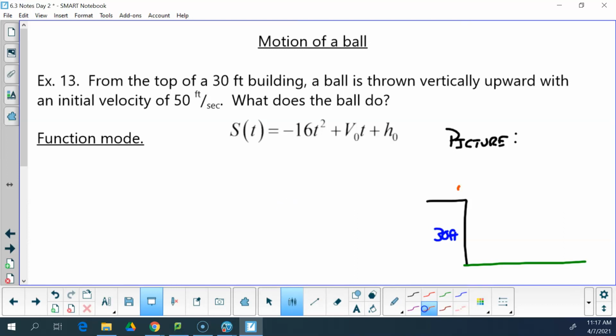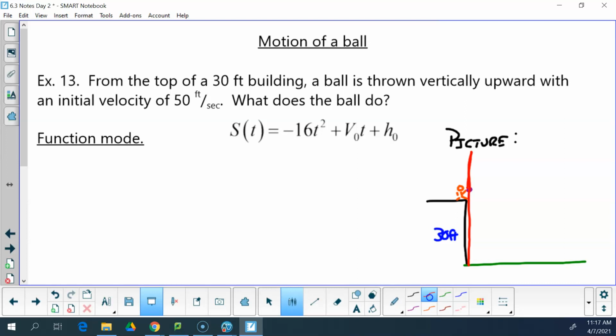And we're standing at the edge. And we take the ball and we throw it up, and it goes up and up and up and up and up. And then it comes back down, down, down, down, and it goes kaplunk. Let's say we're throwing it into mud, so it just sticks.